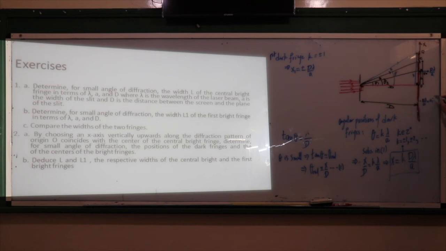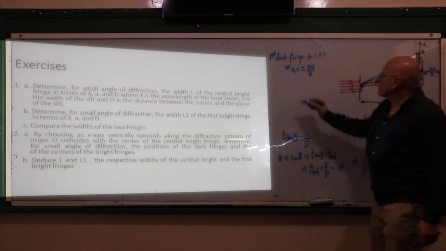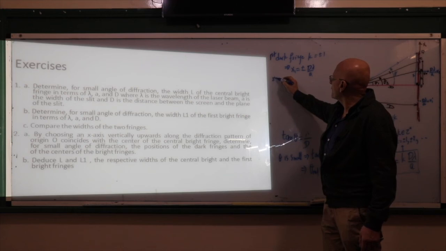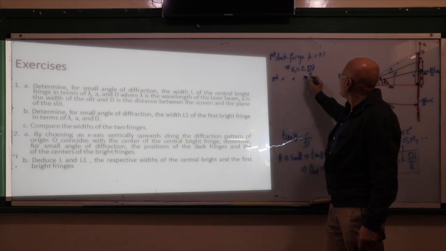This is called x1 prime, this is x1, and so on. Second dark fringe, k equal plus minus 2.